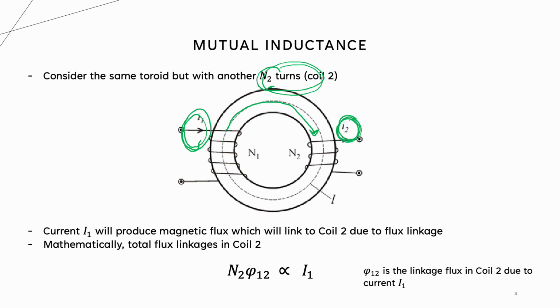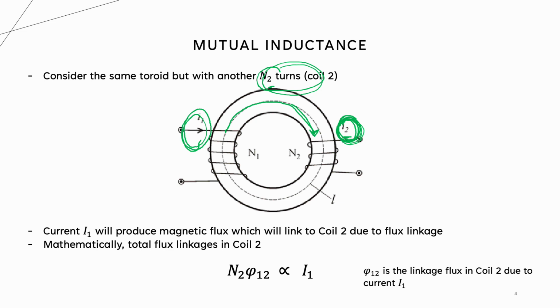So current I2 is not the supply anymore. Current I2 is the result of the flux coming from coil number 1.